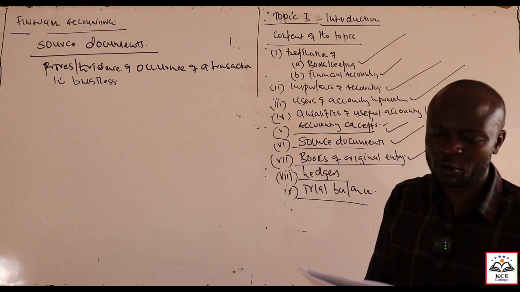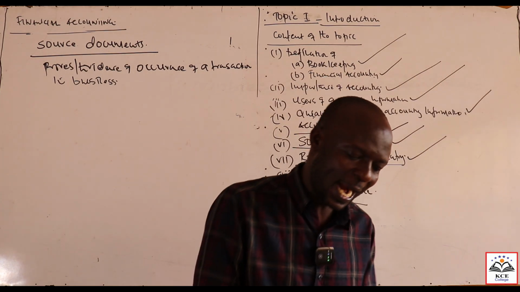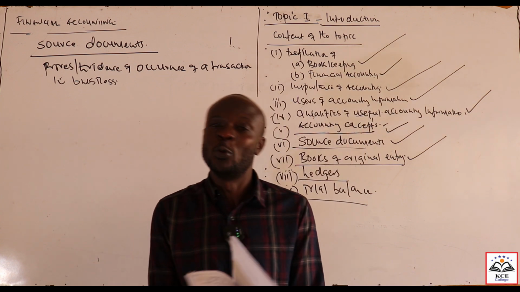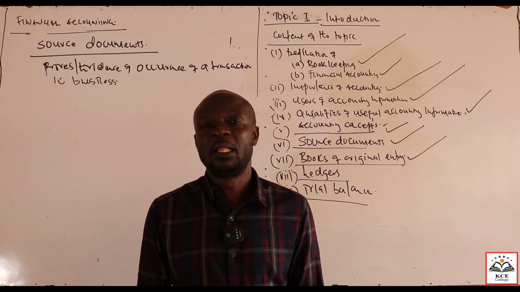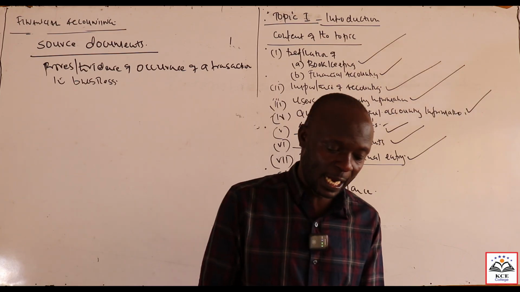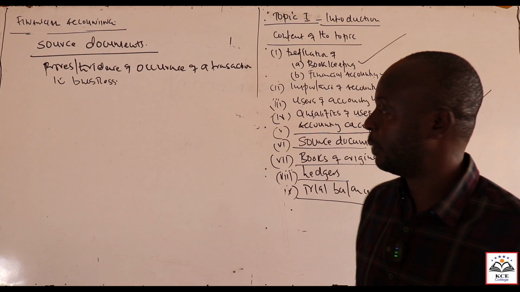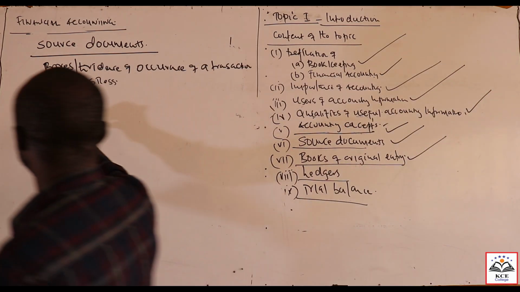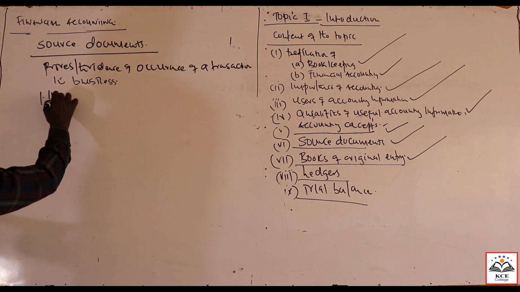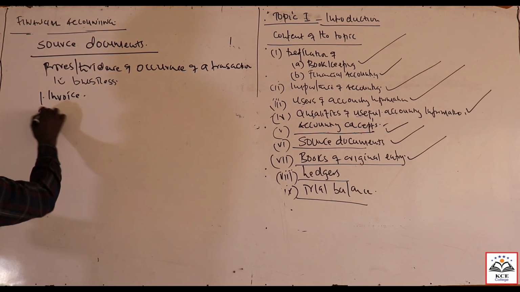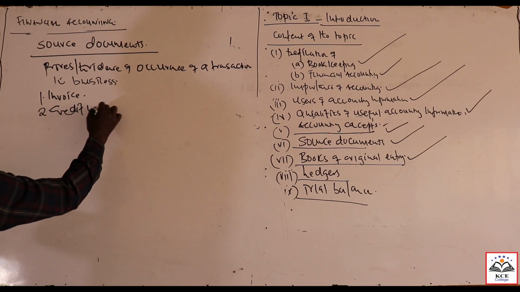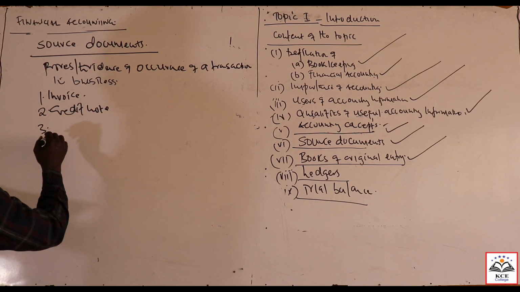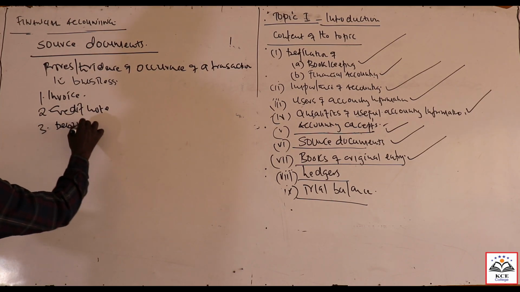So they're very, very important. If you're going for an interview as an accountant, you must be able to know these source documents, their work and how they are applied in a business. Very, very important. So we're talking about documents such as, number one, an invoice. Number two, credit note. Number three, a debit note.